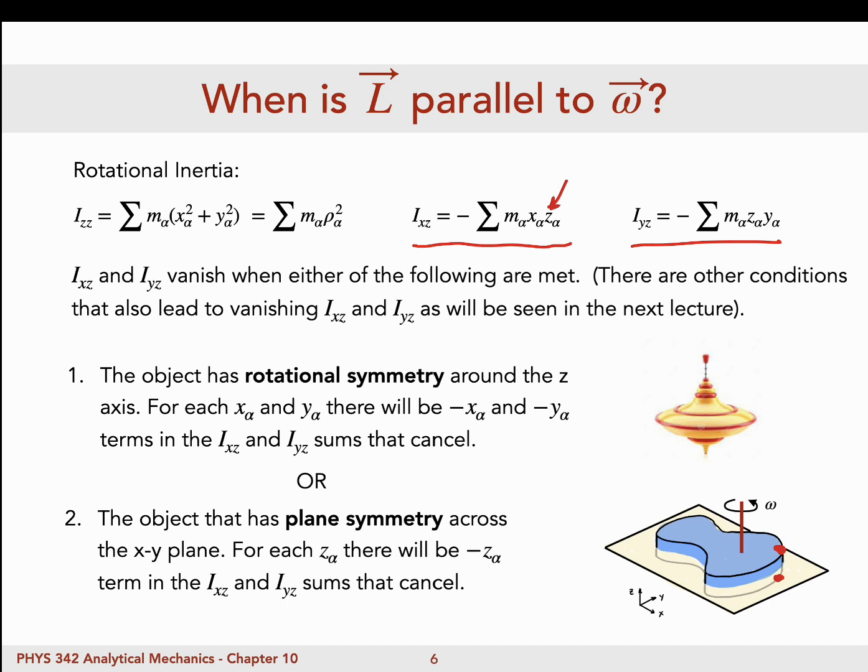So in each of these cases, for these two kinds of symmetries, our standard result that the angular momentum is I times omega works.